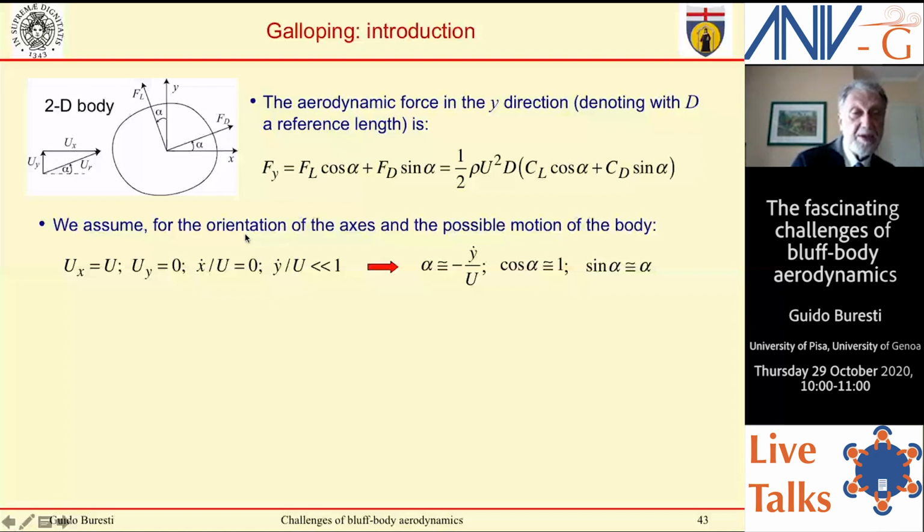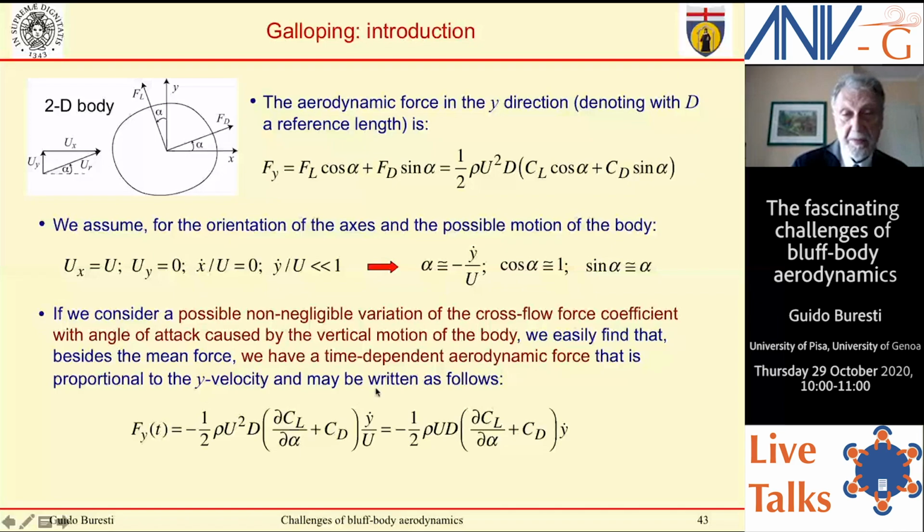You believe me that if you consider a non-negligible variation of the cross-flow force coefficient with angle of attack, then you find a fluctuating y force in the cross-flow direction, which has this form. You see, it is proportional to the velocity of fluctuation and to the velocity, with this term here, which is the important one.